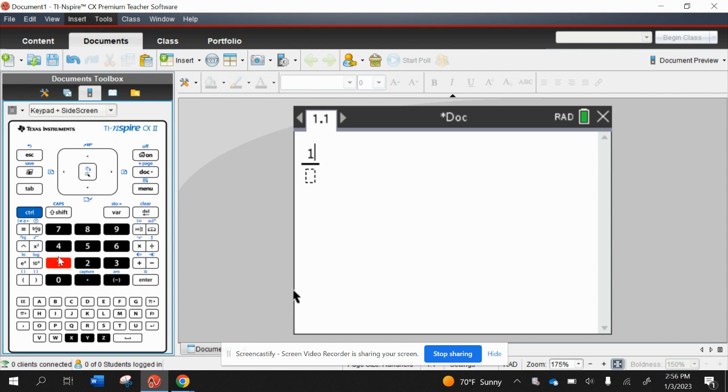So then we're going to do control divide, 1 divided by 2 times 3 to the first value, which is -2. So that's 1 divided by 18. For graphing purposes, we probably want the decimal, so let's press Control Enter.